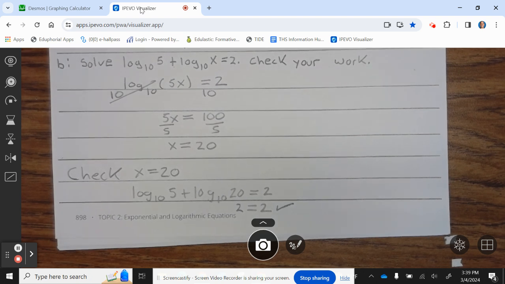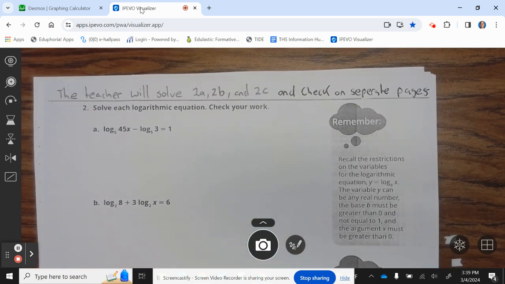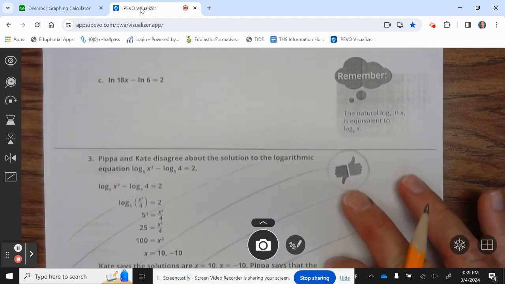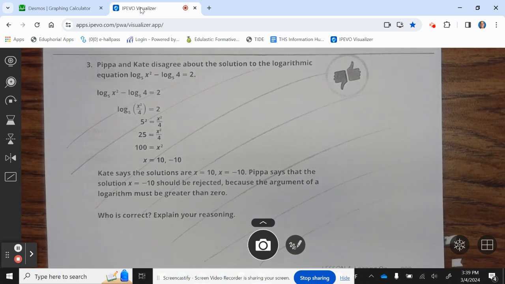All right, let's take a look at the next page. The teacher will solve 2a, 2b, and 2c and check on separate pages. All right, go ahead and mark out 3. Let's take a look at the next pages.